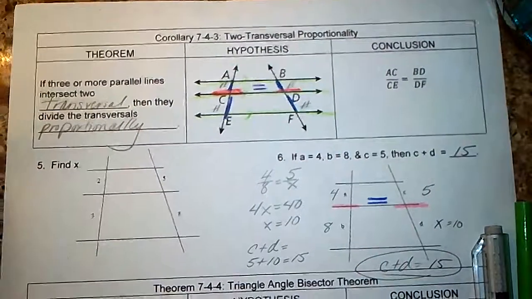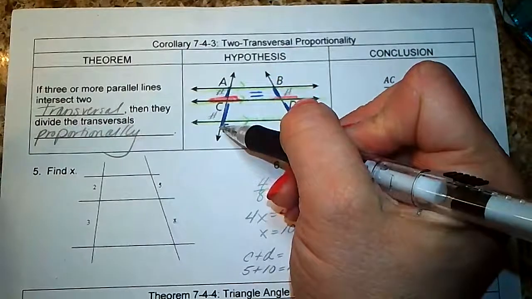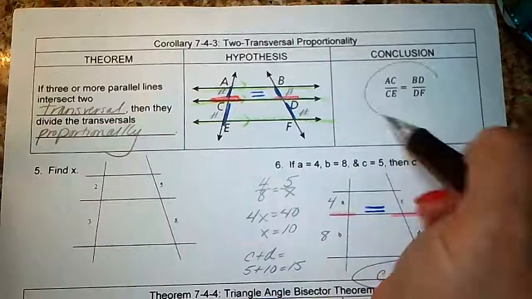Again, it's that same kind of pattern. You just have to follow that pattern. The length of AC over the length of CE is equal to the length of BD over the length of DF, as you can see right here.